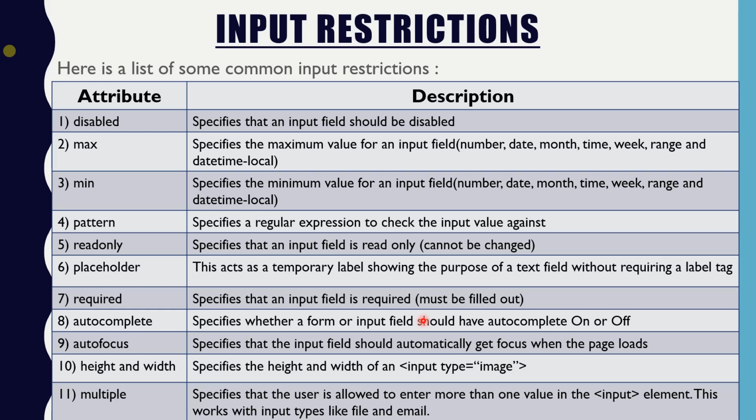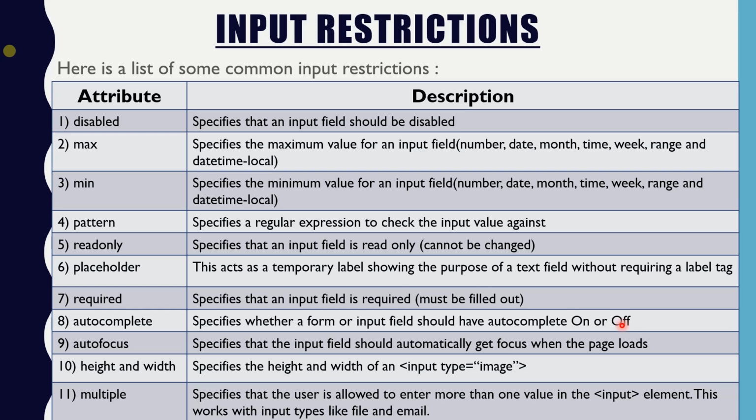But the first time you have filled the form and next time you come again and try to fill that form, it will give you the idea of how to fill this field. Means it will show you your own previously filled values, and if you want to enter those same values, then you can click on that value and it gets entered automatically. That is because of autocomplete on. Otherwise, if it is off, then you won't be able to see those automatically filled values.